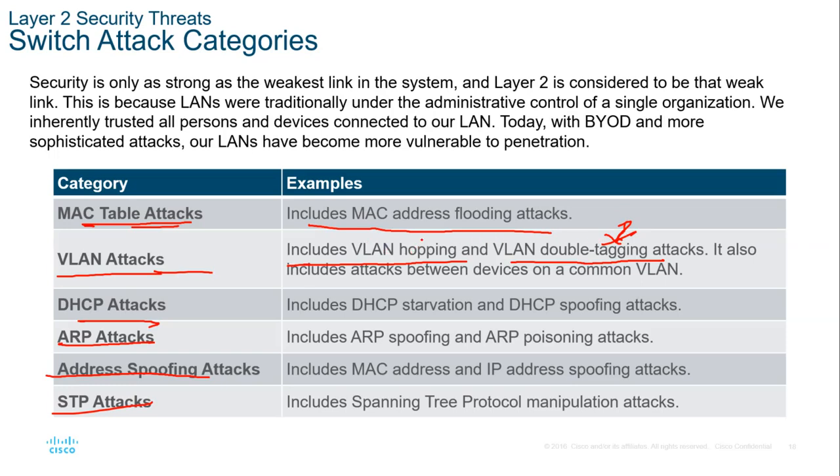VLAN hopping allows VLAN 1 to access VLAN 2 without using a layer 3 device. It also includes attacks between devices on common networks. Then we have DHCP starvation, to starve the DHCP service, and DHCP spoofing, which is when a DHCP server is assimilated on an invalid device.